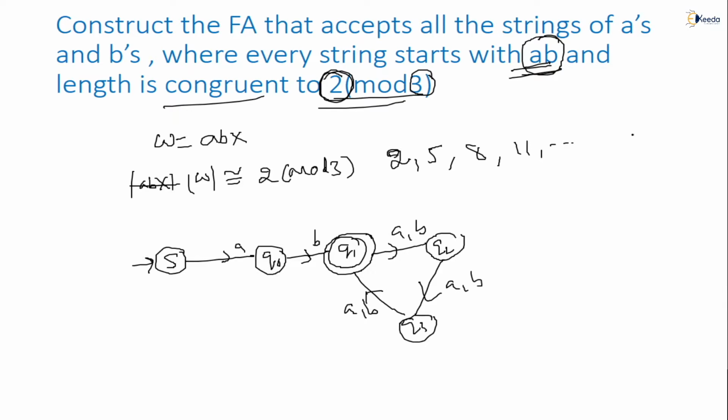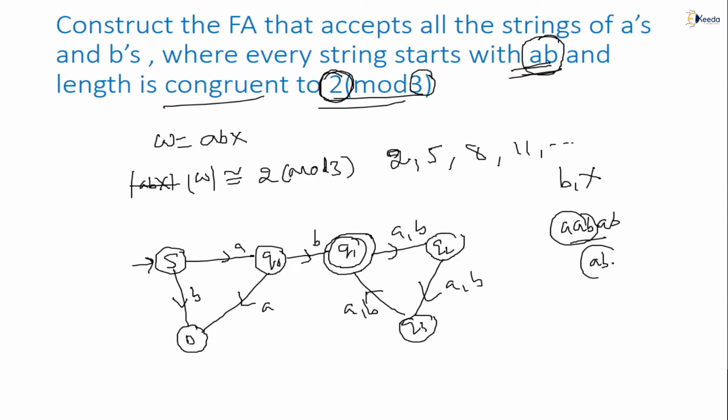But any string starting with B should be rejected, so I make S on B go to a dead state, an unreachable state. Similarly, a second A at the start should reject, because our string should not start like AAB. Compulsorily AB only should start.